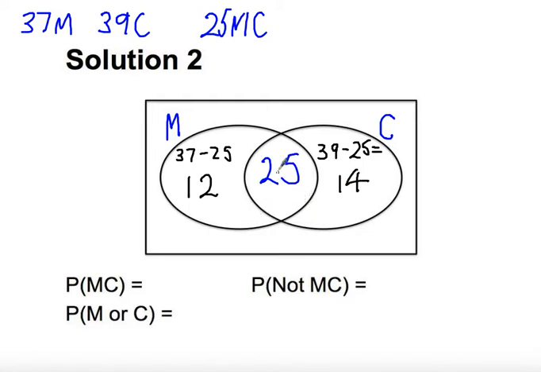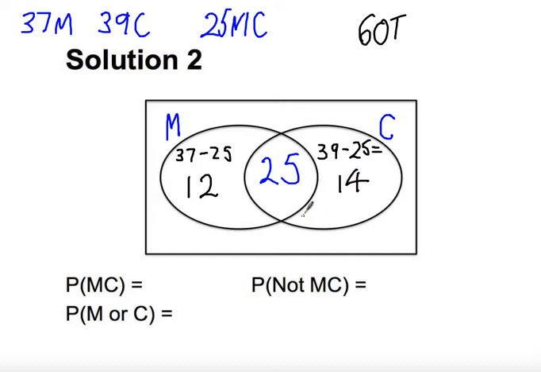Finally, we were told initially that there were a total of 60 students. So 60T for 60 total. If I want to know how many students are not attending any of these, first of all, I total up the inside. So that would be 37, that would be 51.